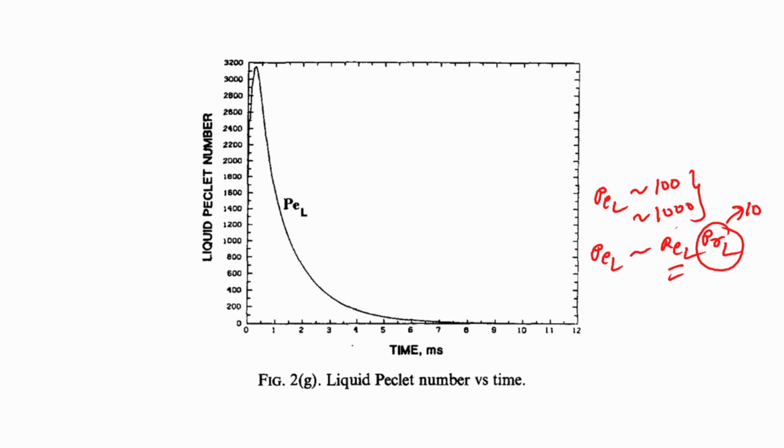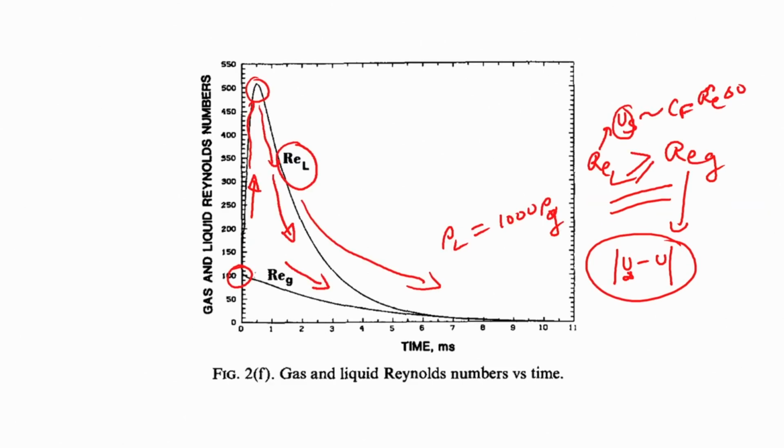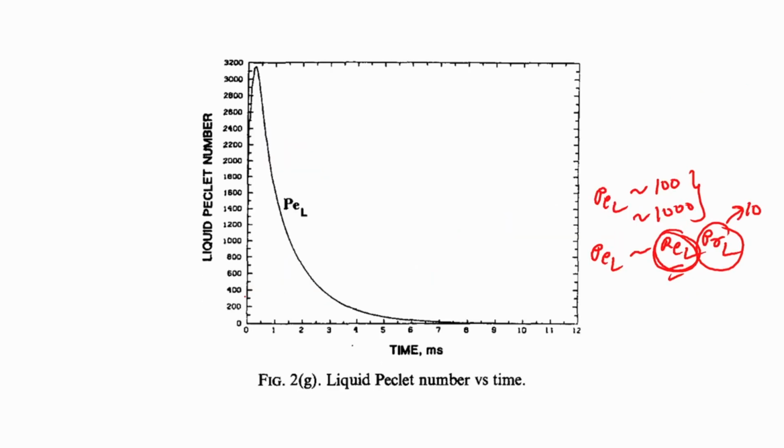So, it mimics a similar profile as the Reynolds number, because Prandtl number is more or less uniform, unless you take into account the property variations.